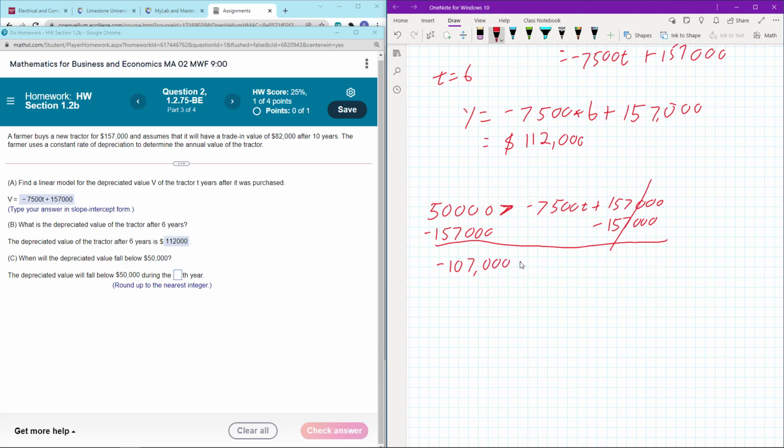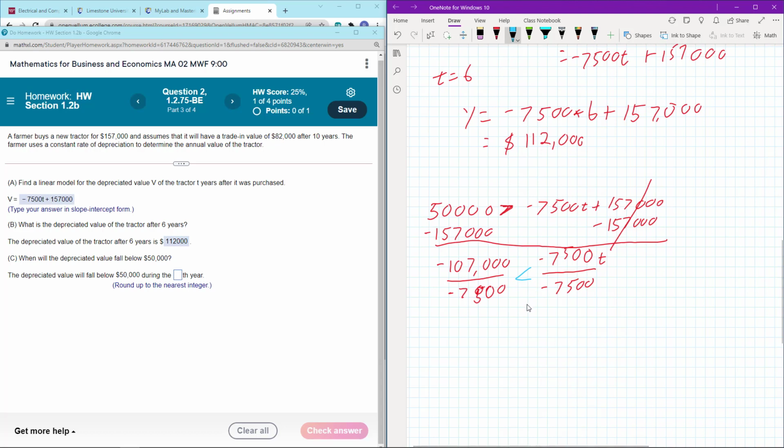And that is going to be greater than negative 7,500 times t. Now we want to divide both sides by negative 7,500 to isolate t. If that's the case, then we also need to reverse our sign because we're dividing by a negative number. So we are going to reverse our sign.